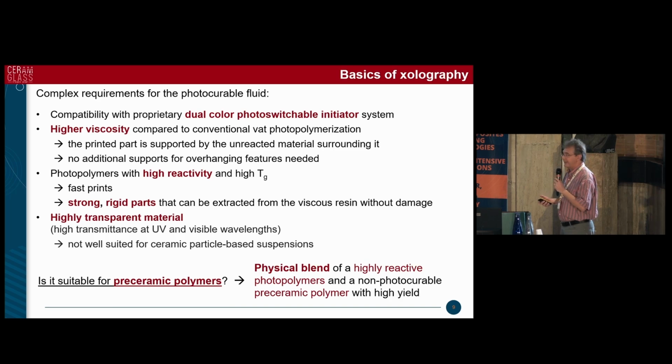You need to have a polymer that is very highly reactive because you're printing within the volume, and you need to have enough energy to trigger photopolymerization. And you have to extract your printed part from a viscous system, so you need to be able to achieve strong and rigid parts. And the system needs to be highly transparent, of course, because the radiation has to go through the volume of the liquid.